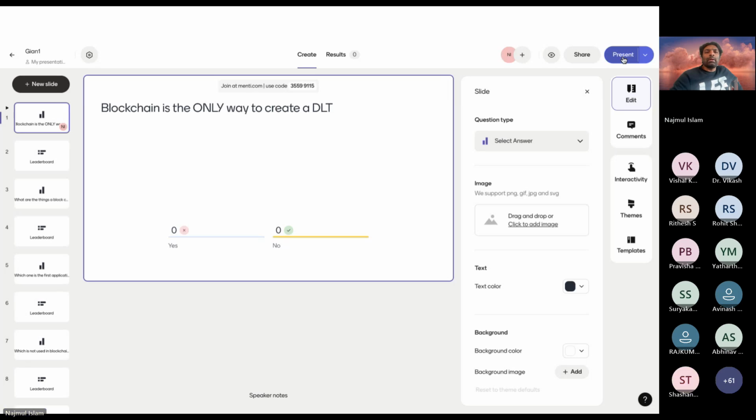Let's now go to the next question. The question is, blockchain can store only transaction data. True or false? Okay, one more minute left.